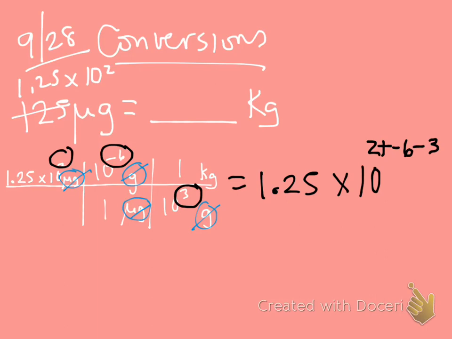And, you know, I can do that in my head. You probably can, and you probably can 7 out of 10 times correctly, but it would really stink to get a 70% on your test because you screwed up your exponents. So, okay, that gives me 1.25 times 10 to the 2 minus 9, negative 7th, and my units are kilograms.